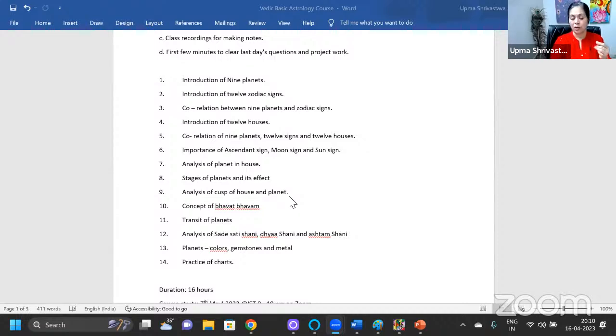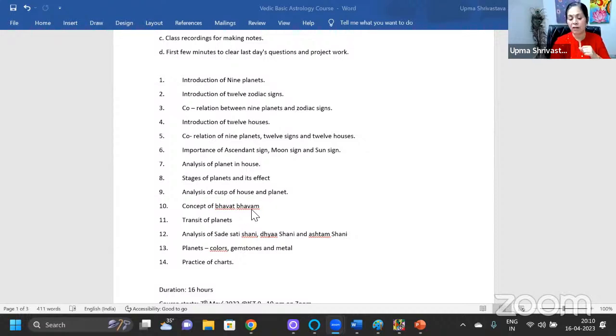If your ascendant degree or rising degree is 28 or 29, that becomes the cusp of a house. Sometimes one planet is also placed at 28, 29, or sometimes 1 degree, 0 degree. They will also create a difference in the predictions. So that we will learn.